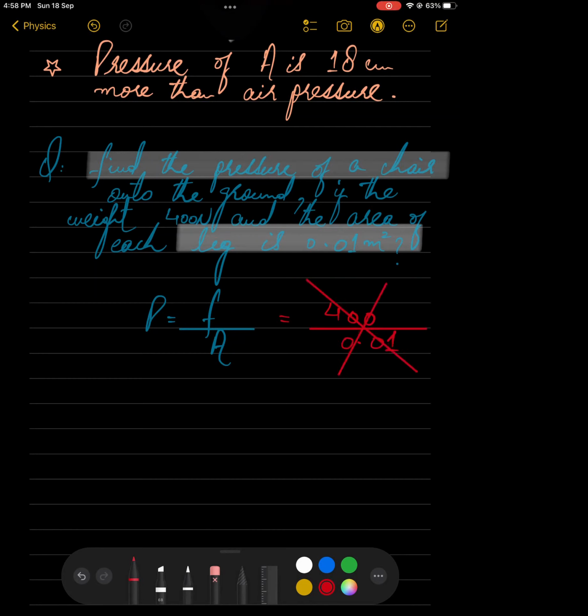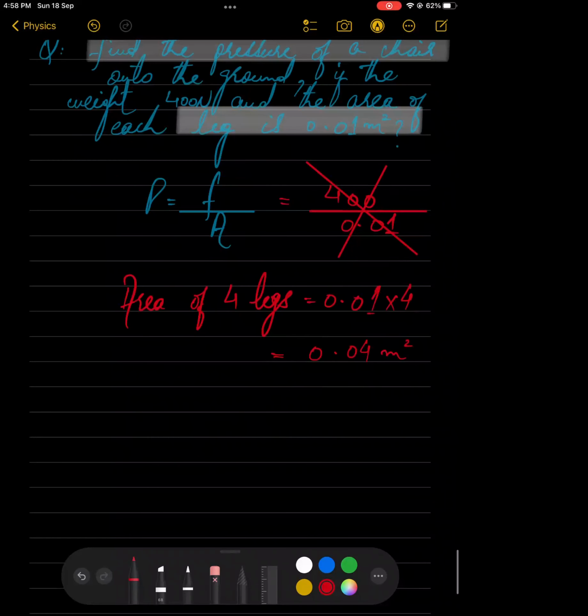Why? Because they are not considering the area of all 4 legs. So what would the area of 4 legs be? Area of 4 legs would be 0.01 times 4, and it turns out to be 0.04 meter square. Now we have the total area. We have got the force as 400, the area as 0.04 and I now have to find the pressure.